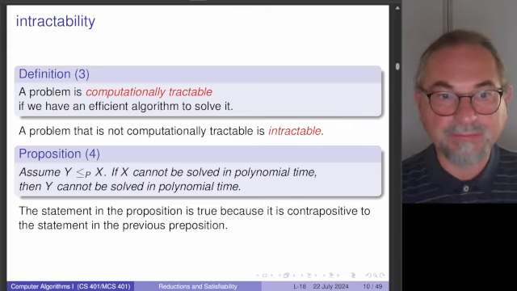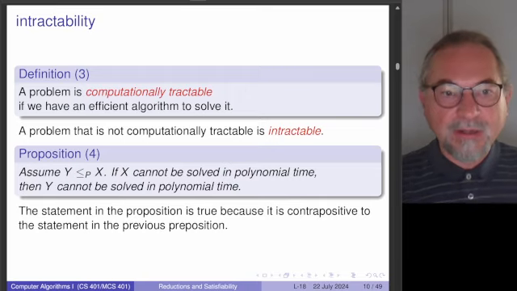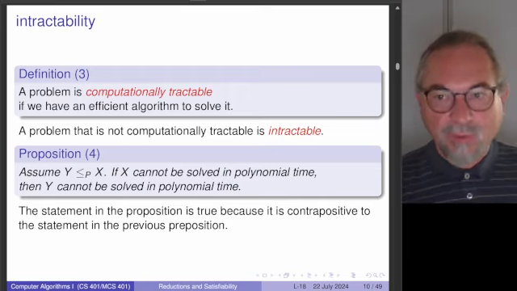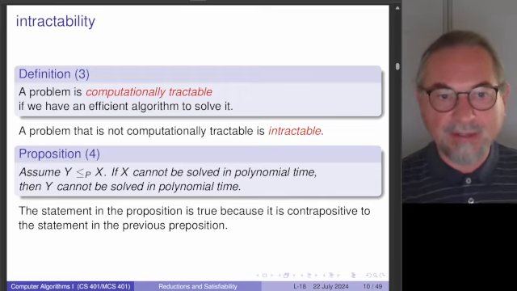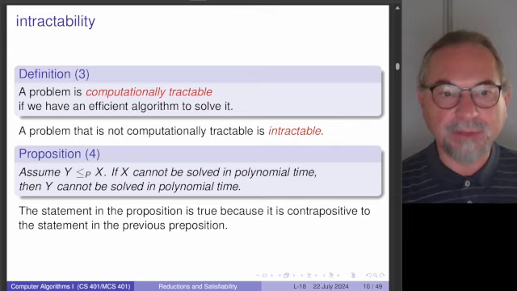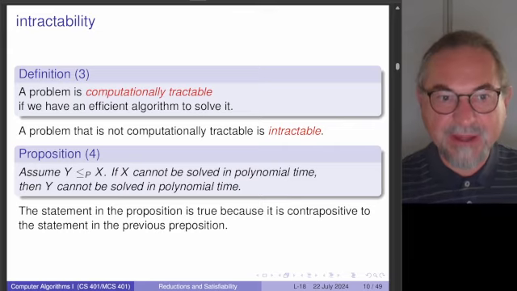Now, if a problem x cannot be solved in polynomial time and y is reducible to that problem, then y also cannot be solved in polynomial time.